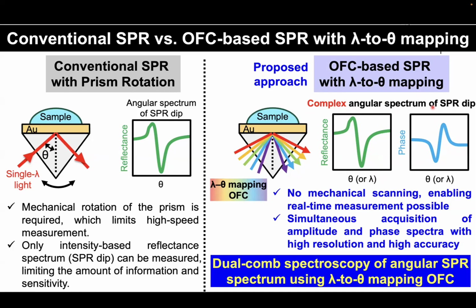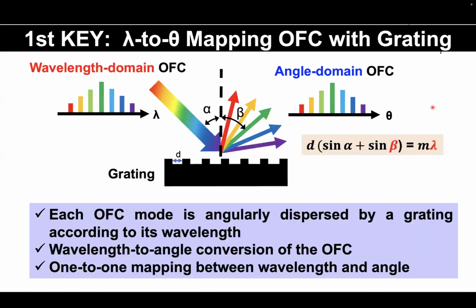So to this end, there are two keys. The first key is the lambda to theta mapping OFC with a grating. When the OFC is incident onto the diffraction grating, like here, each OFC mode is angularly dispersed according to the wavelength, following this diffraction equation.